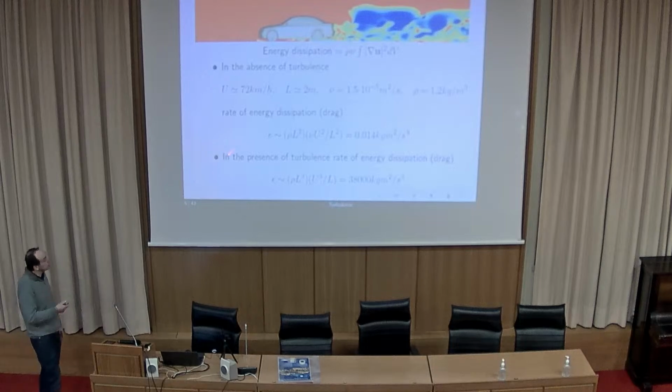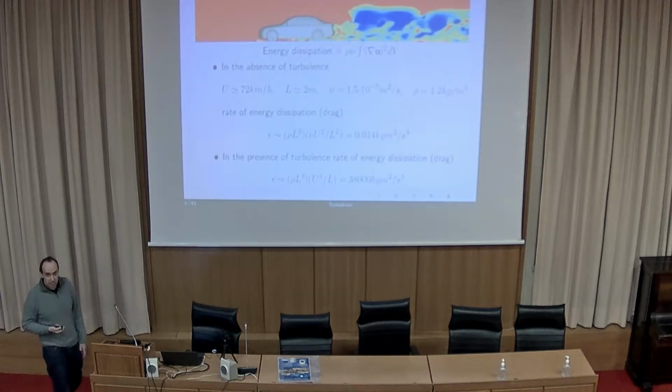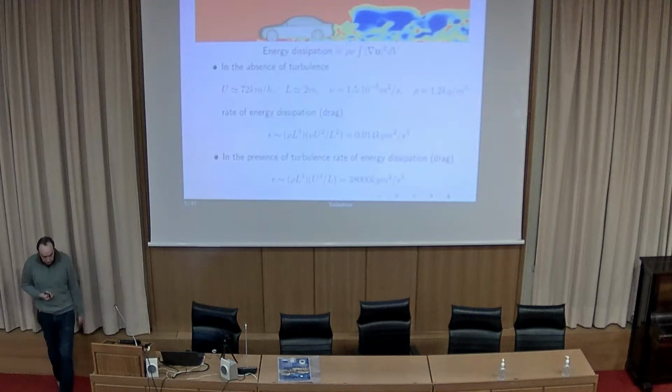So we have 72 kilometers per hour. That's a typical velocity. You have a typical size of a car around 2 meters. You can plug in, you know the value of the viscosity. Estimating the gradients as velocity divided by length scale, you will get a value of the rate of dissipation that is tiny.